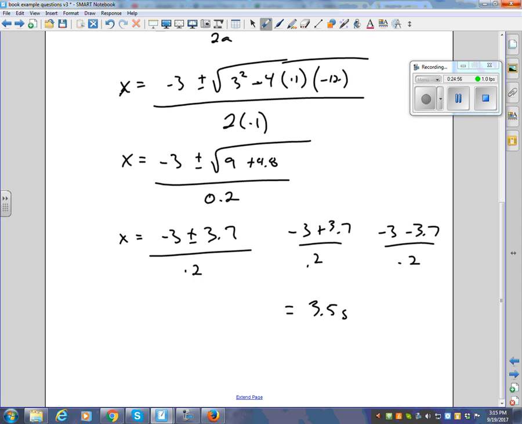Or minus 3 minus 3.7, that's minus 6.7 divided by 0.2, which is negative 33.5 seconds. Can you have negative 33.5 seconds? No. So in this case, the quadratic formula gives you what's called an extraneous root or a nonsensical root. It doesn't fit the situation.